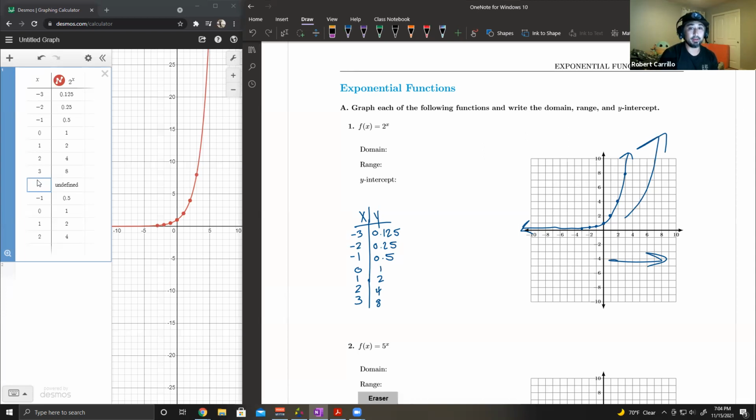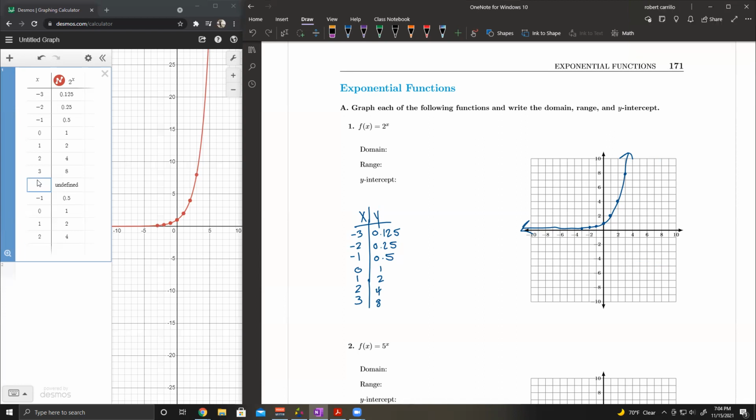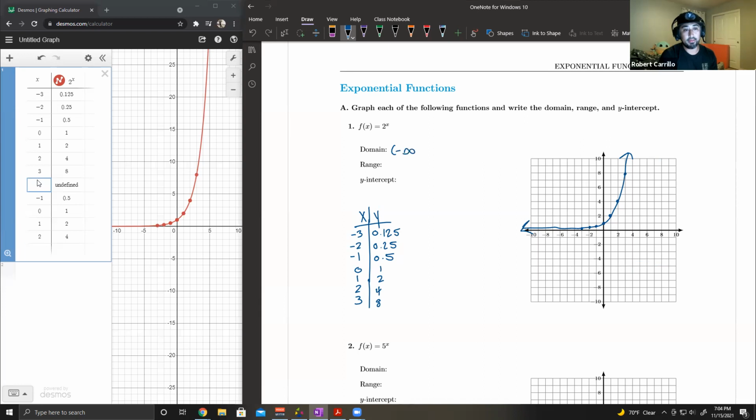The domain for all exponential functions, any exponential function, is -infinity to infinity. That is always the domain. Now the range: since it gets really close to 0 but never touches it, the range for this exponential function starts at 0, not included, because we're never going to touch it, and heads towards infinity.